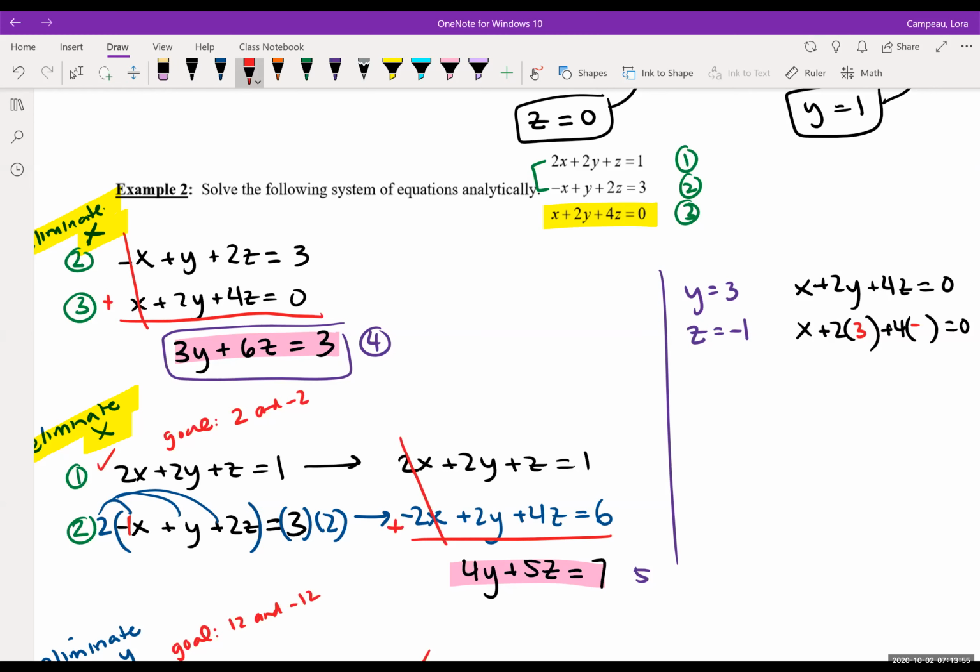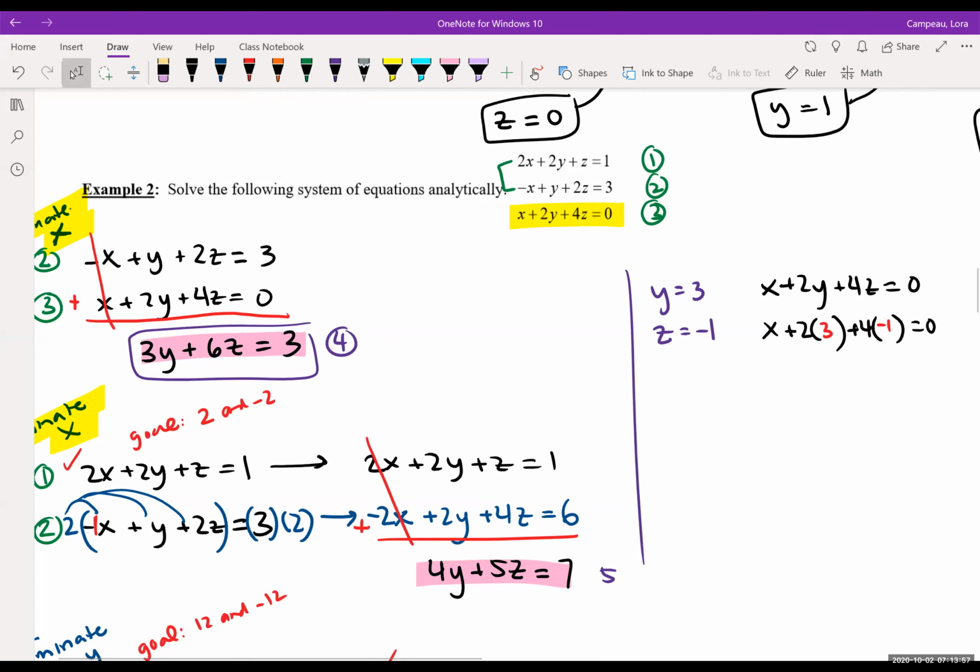We'll plug that in, and that leaves us with x plus 6 minus 4 equals 0. Combining the like terms, we have x plus 2 equals 0. Subtracting 2 from both sides to solve for x, we get x equals -2.